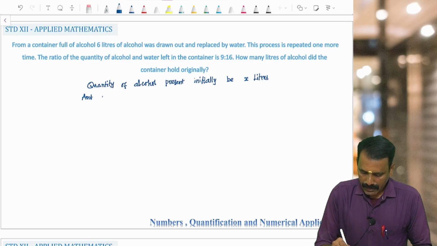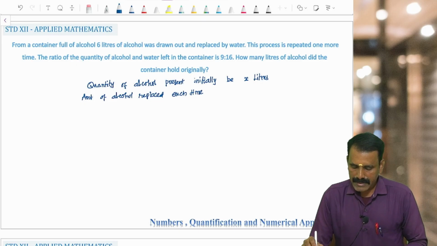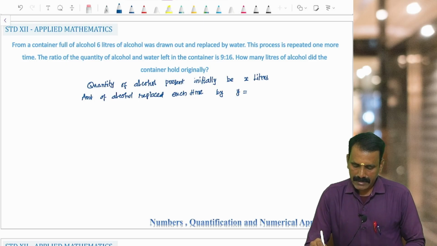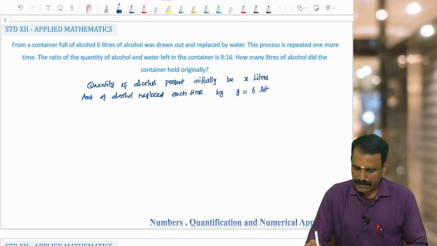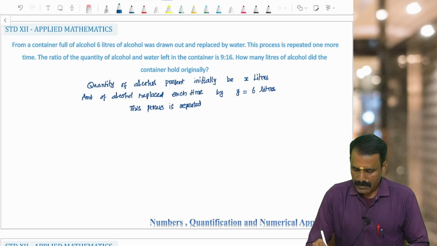Amount or quantity of alcohol replaced each time be Y. And it is given to us 6 liters of alcohol are replaced, so it is going to be 6 liters, and this process is repeated two times. N is going to be 2 times.